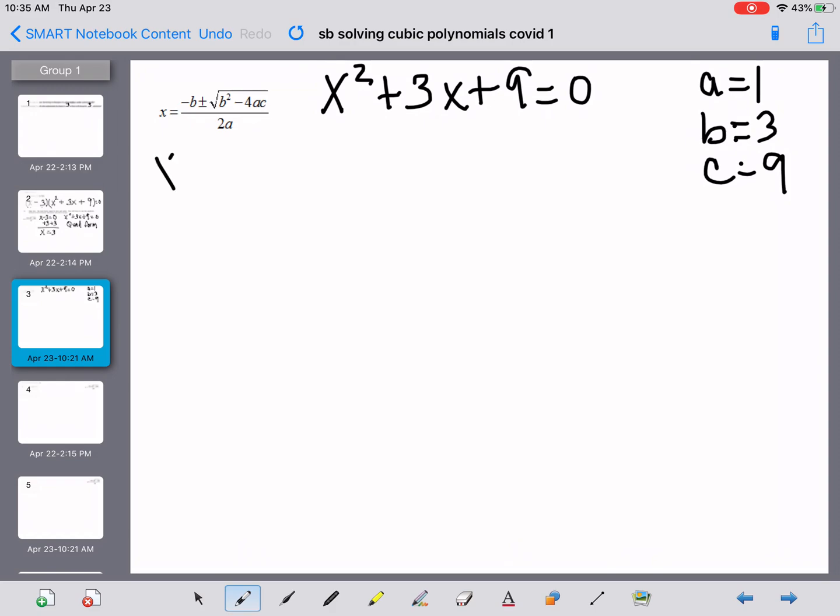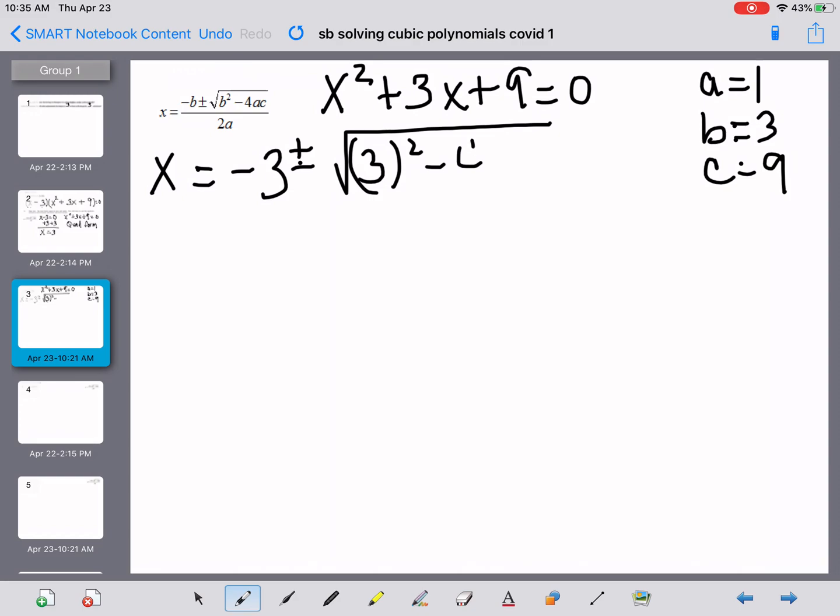So x equals negative b plus or minus the square root of b squared minus 4 times a times c, all divided by 2 times a.